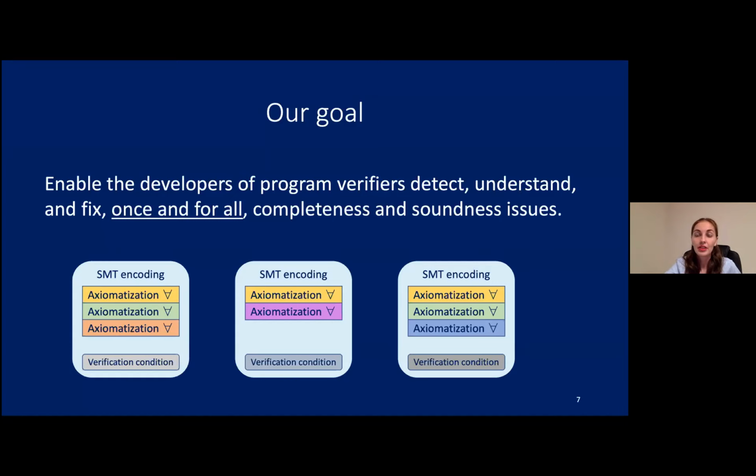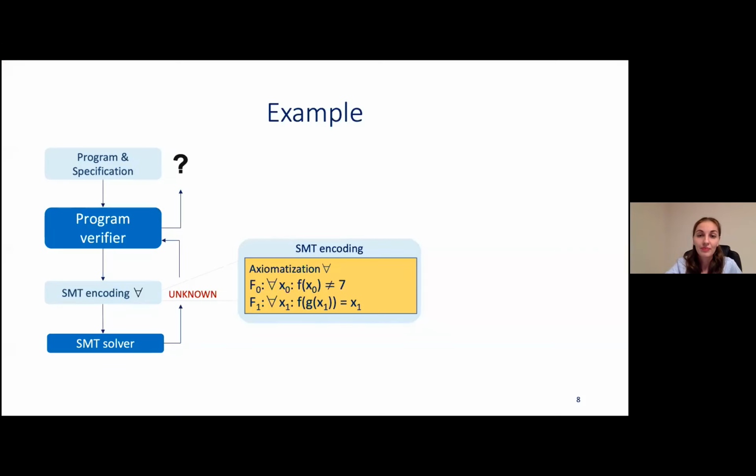For example, they can share the axiomatization, or the part of the verification condition that refers to the encoding of the semantics of the programming language. As you see in this image, the three SMT encodings share the yellow axiomatization. So if the developer finds an unsoundness in this yellow axiomatization and fixes it, then all the future runs of the verifier will benefit from the fix.